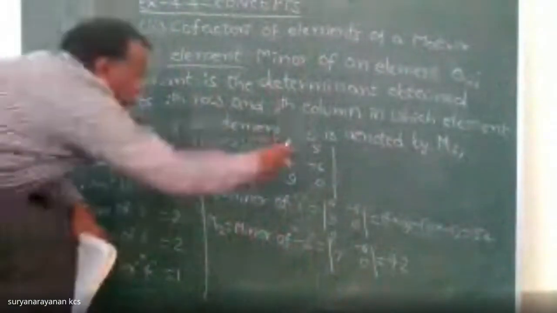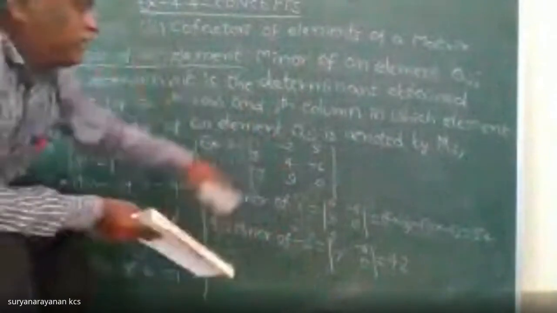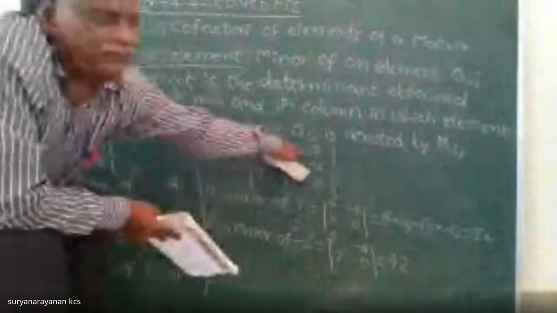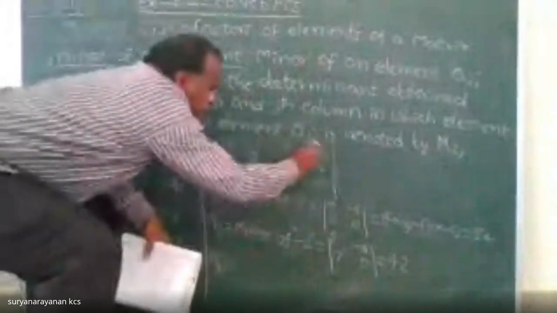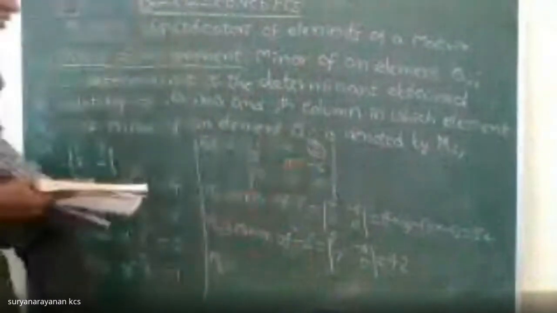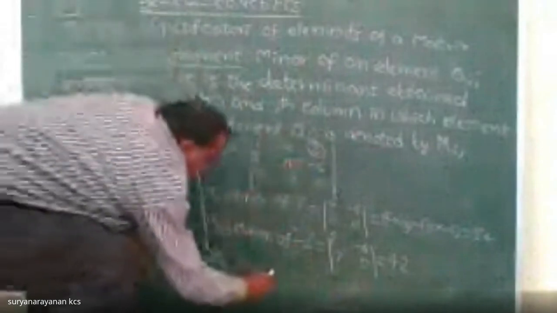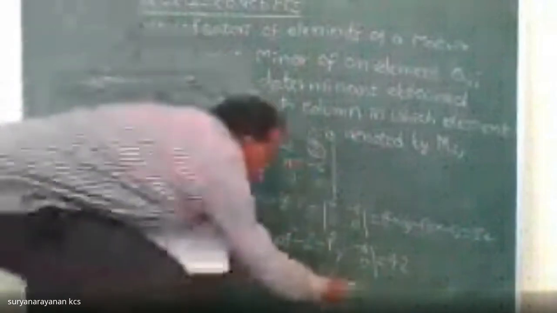Minor of 5. I am finding the minor of this element. What is the position of this element? This element 5 lies in the first row, third column. So tell me the minor of 5.